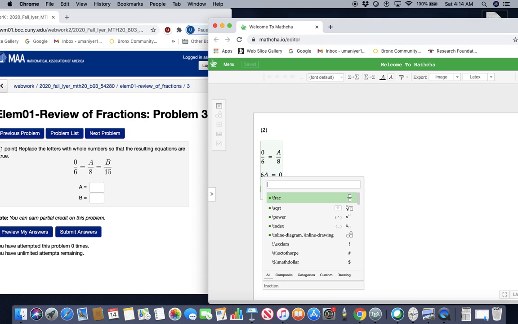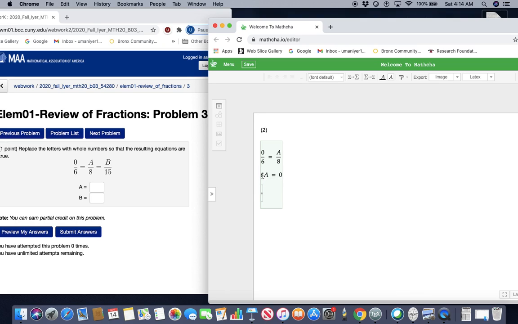Now divide both sides by 6 to isolate A. 6 is multiplying A, so the opposite of multiplication is division. Once I do that, these two cancel, and 0 over 6 is 0. 0 over anything non-zero is 0.